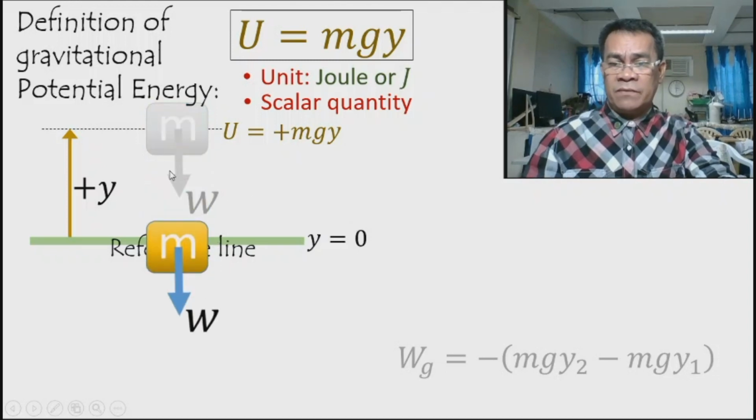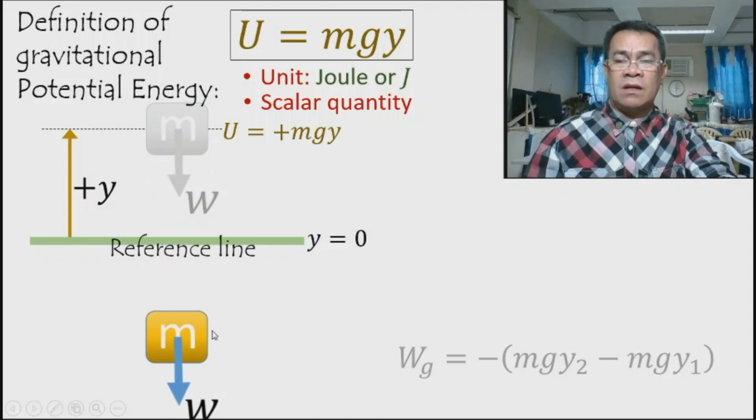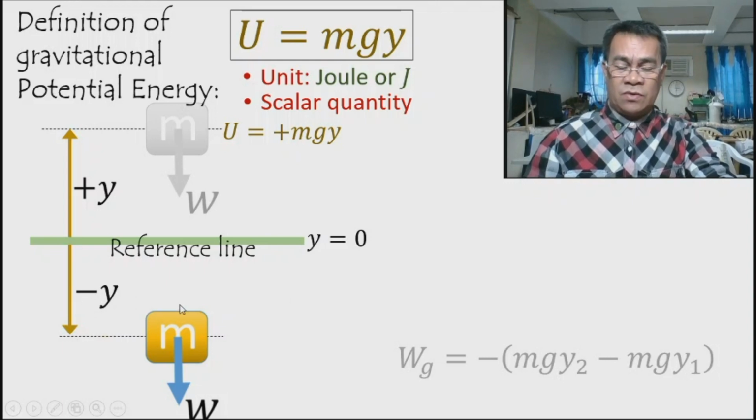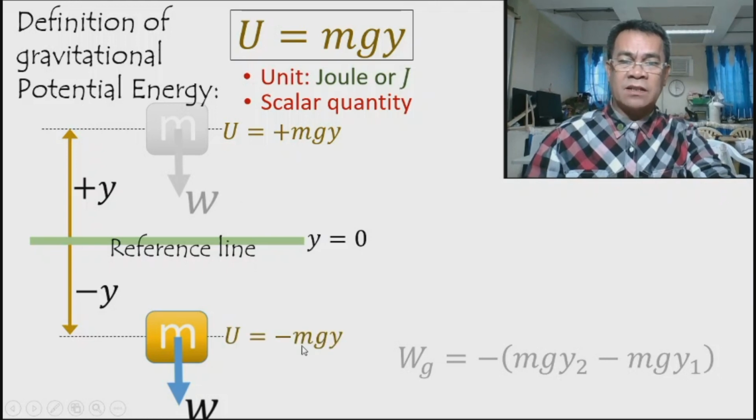Now, what will happen if this will move below the reference line? If it's below the reference line, then our height is a negative value. Okay? So if you substitute this negative value into the formula for the gravitational potential energy, our energy this time is negative.